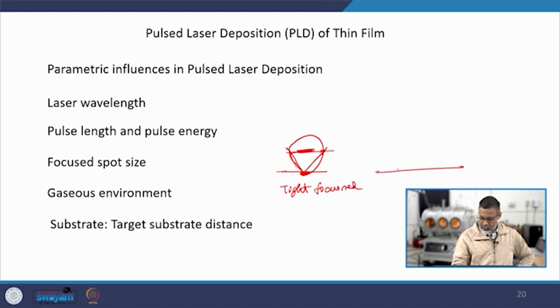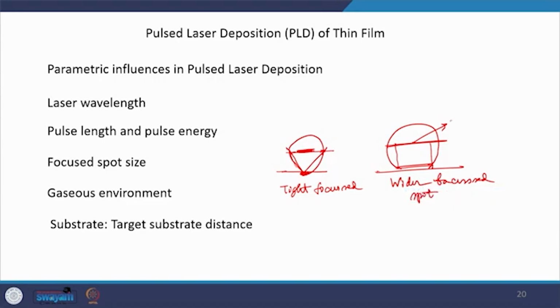Now, if the focus spot is larger like this, the plume will be much more uniform. So, you can get a uniform film over a larger area. This is a wider focus spot, so large area.